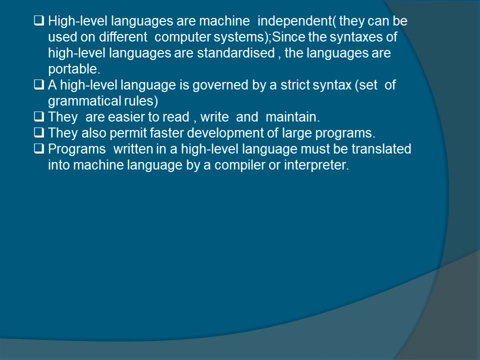So we must strictly follow those grammatical rules when designing a program in a high level language. They are easier to read, write, and maintain. They also permit faster development of large programs. Programs written in a high level language must be translated into machine language by a compiler or an interpreter, so we require program translators.